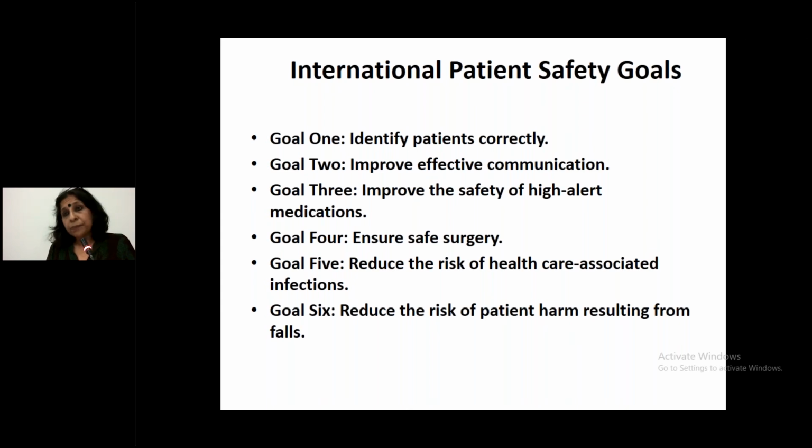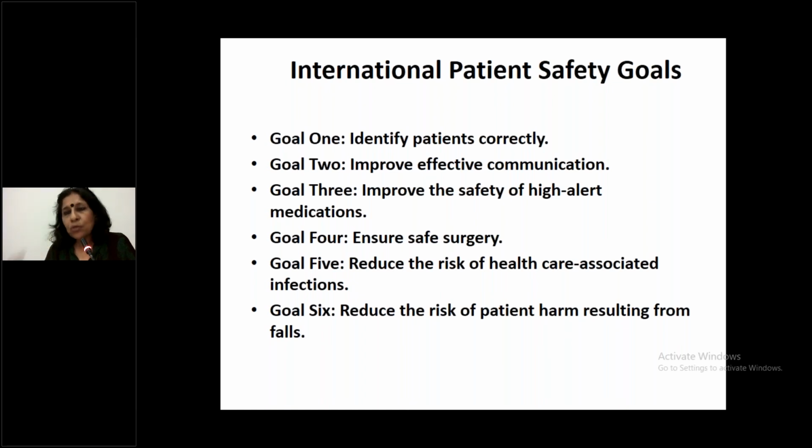Goal 6, again, something very important, with increasing longevity, the real risk of falls, especially in the elderly or those who are really frail or have osteoporosis or any other underlying conditions, reducing the risk of patient harm resulting from falls. This could be structural, such as having a ramp in place, not having a step in a ward where we know that the elderly very often get admitted, having grab bars at the side of the toilet seats so that when they get up from the toilet, they do not end up falling.